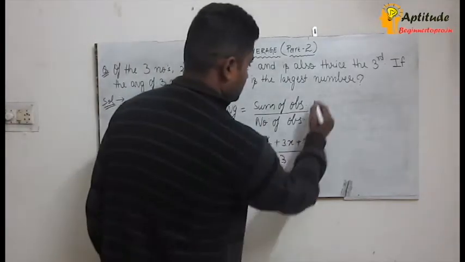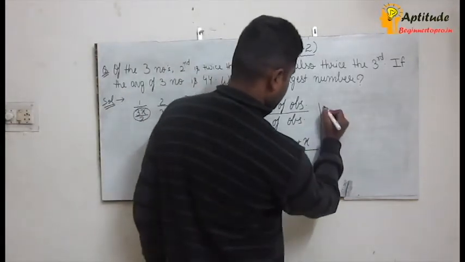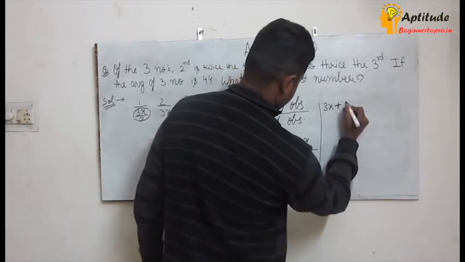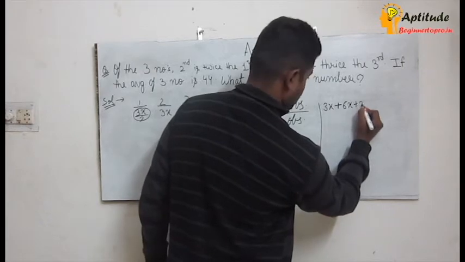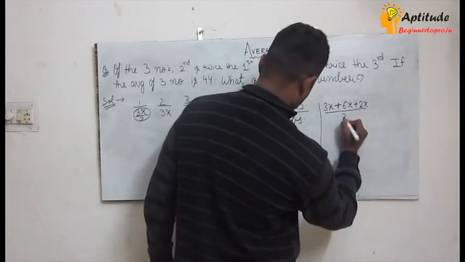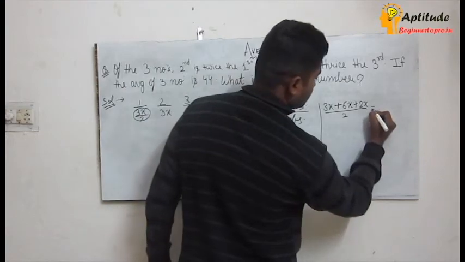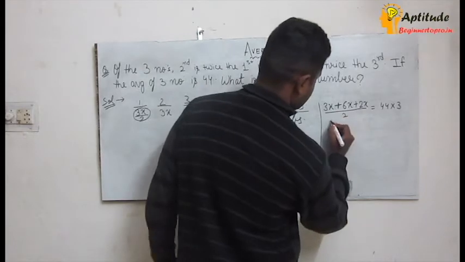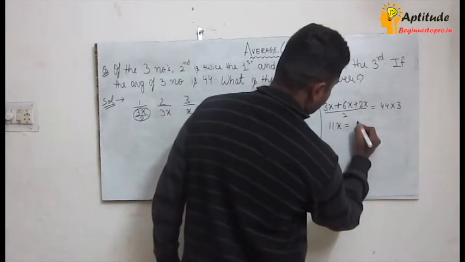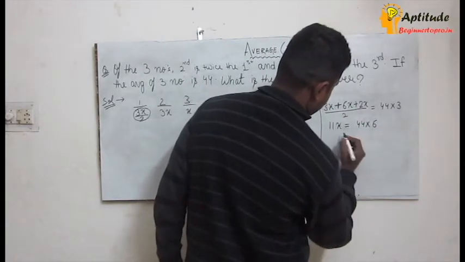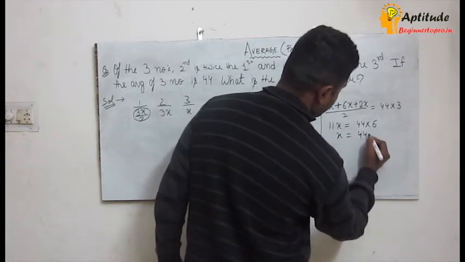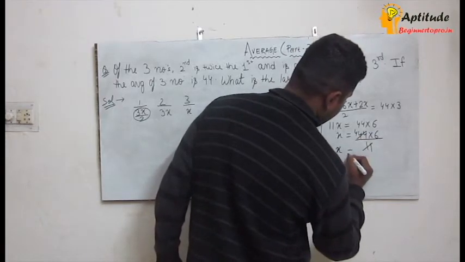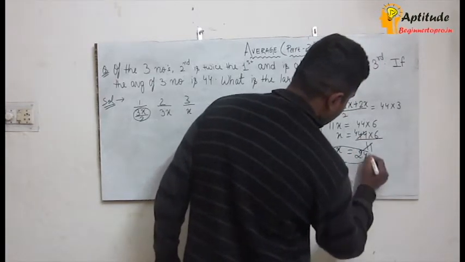So this will be 3x plus 6x plus 2x upon 2 equals 44 into 3. 11x equal to 44 into 6. X equals 44 into 6 upon 11. So x value will be 24.